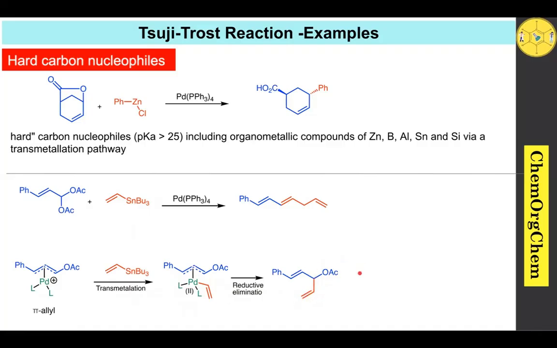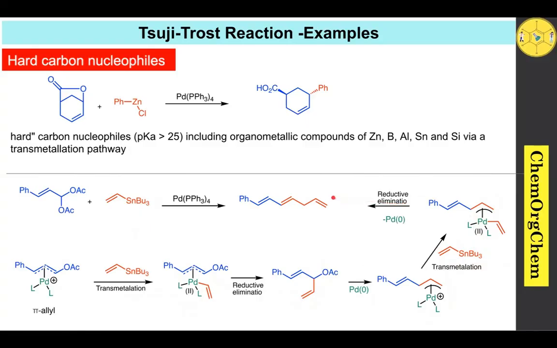Therefore one more TSUJI-TROST allylation reaction is going to take place to produce this corresponding pi allyl palladium species. Now once again this transmetalation reaction takes place with this organostannane, which produces this corresponding intermediate, followed by reductive elimination to produce this corresponding product.